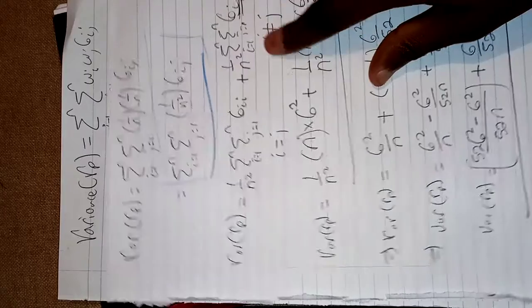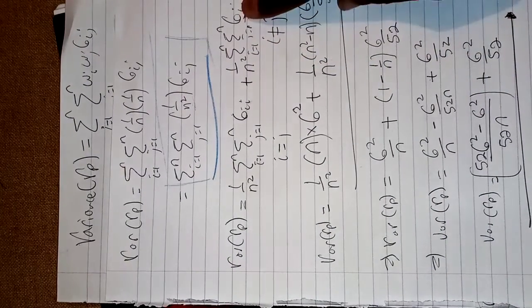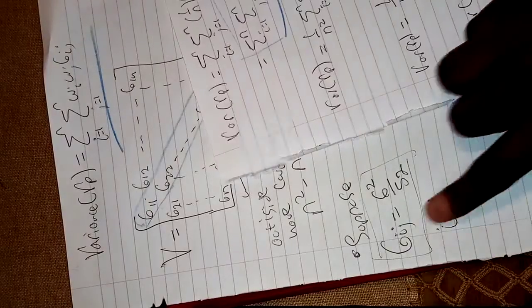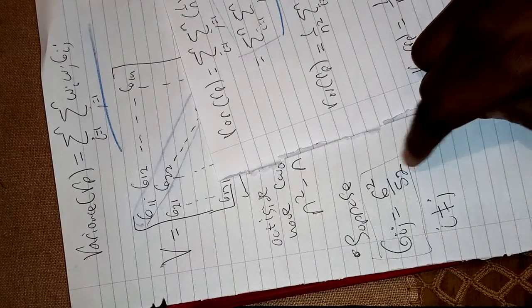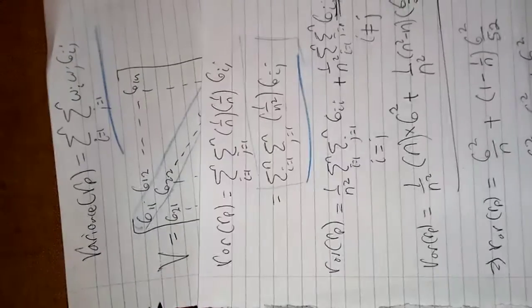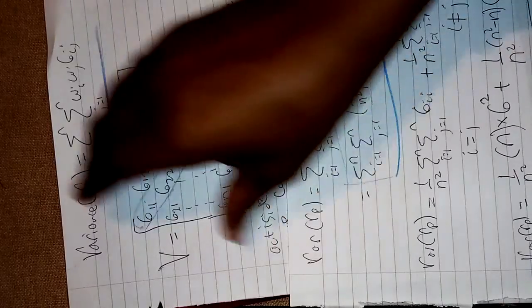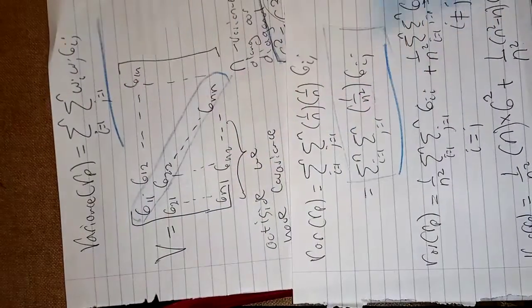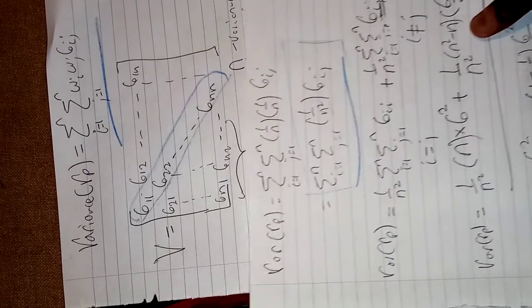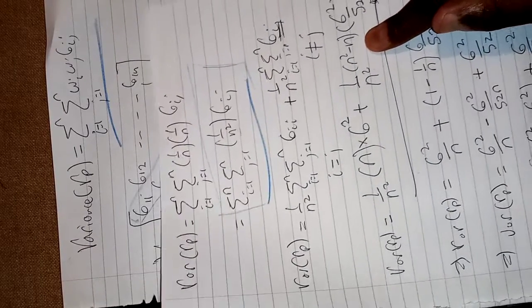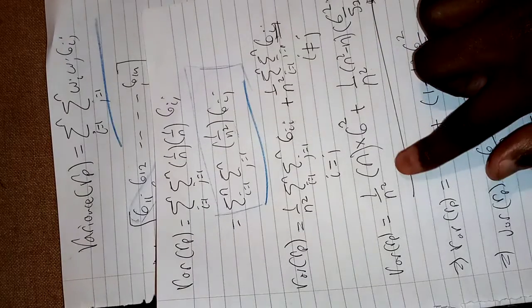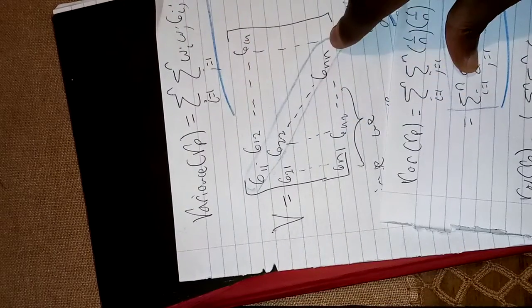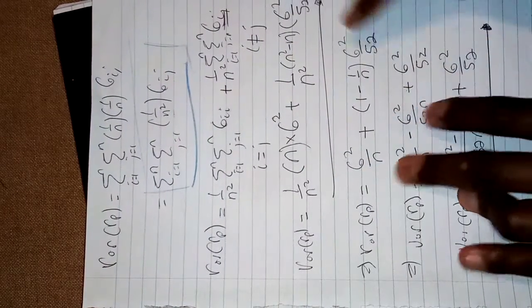So when i is not equal to j, we remember that sigma ij is equal to sigma square over 52. That's what we supposed. There are n square minus n of these, the cardinality of all these covariances outside our diagonal. And there are n variances along our diagonal line. I won't be explaining that much. We put that in, and then we try to simplify.